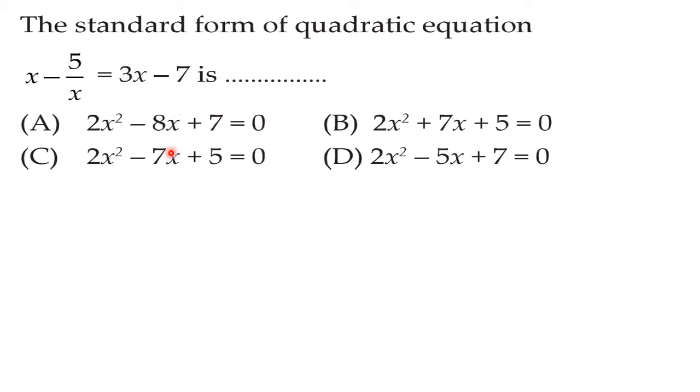That means the equation must contain minus 7x. No other possibility is there. Because see, when you are multiplying here you are going to get 3x square. That means this side is bigger. And here x into minus 7 is minus 7x. So the equation must contain minus 7x, which is possible only in one case, that is option C.